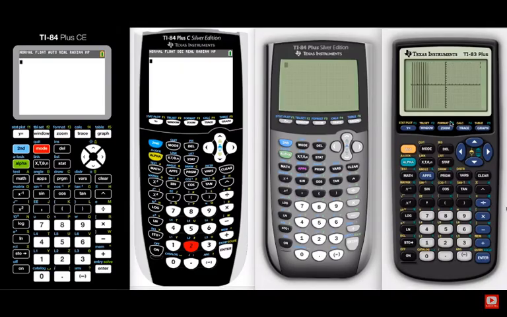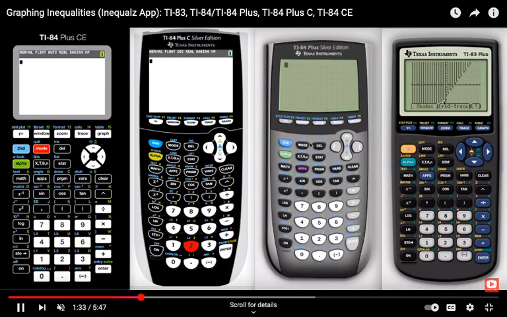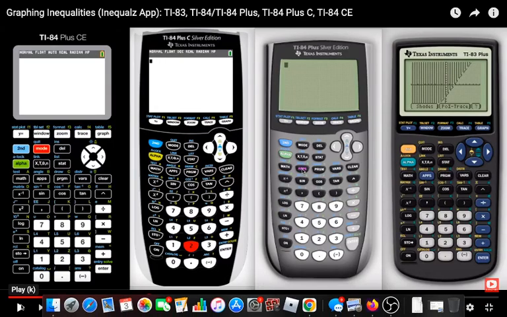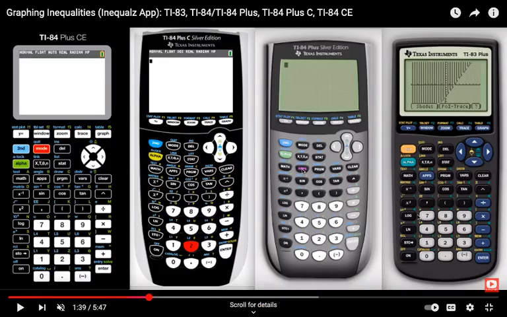Now when you graph it, you're going to see a shading, because when we graph inequalities, they are shaded. There's the shading, and you're also going to see a dashed line, because there are two different types of lines we use for inequalities, dashed and solid. Okay, so those are the calculator steps.